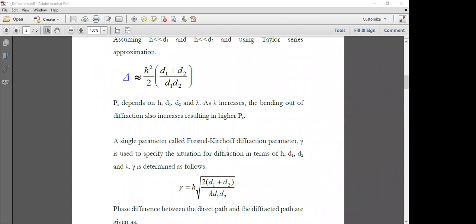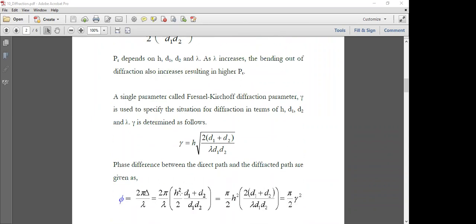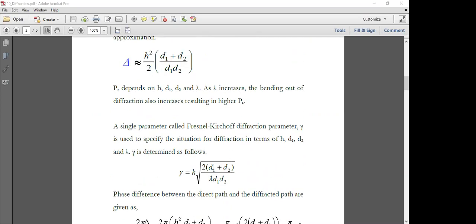It is called the Fresnel-Kirchhoff diffraction parameter, and it is shown as nu. This is the expression for nu. You put in all these values, H, D1, D2, and lambda, and find nu.